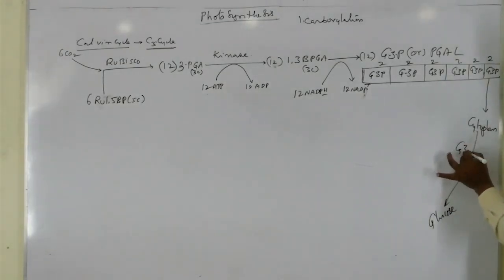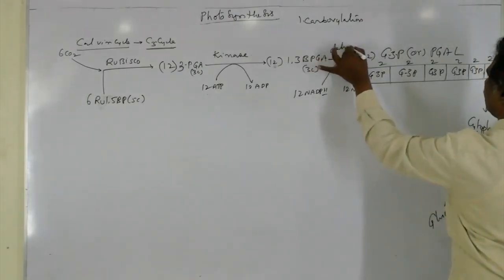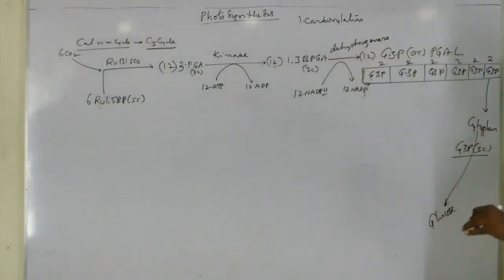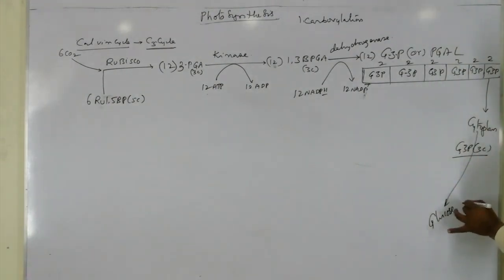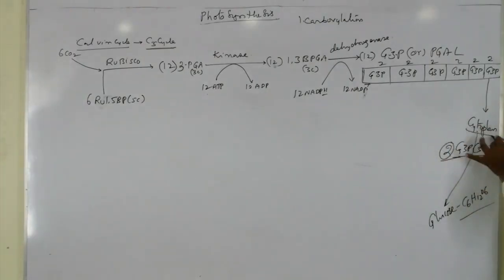Every G3P has 3 carbons. In the presence of the enzyme dehydrogenase, 2 molecules of G3P enter the cytoplasm and are converted into glucose, C6H12O6.